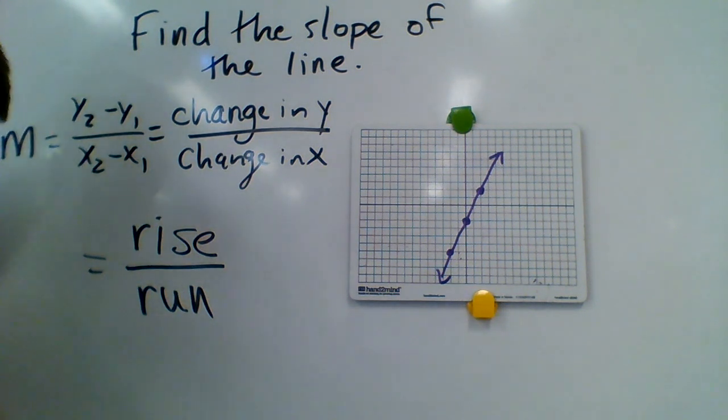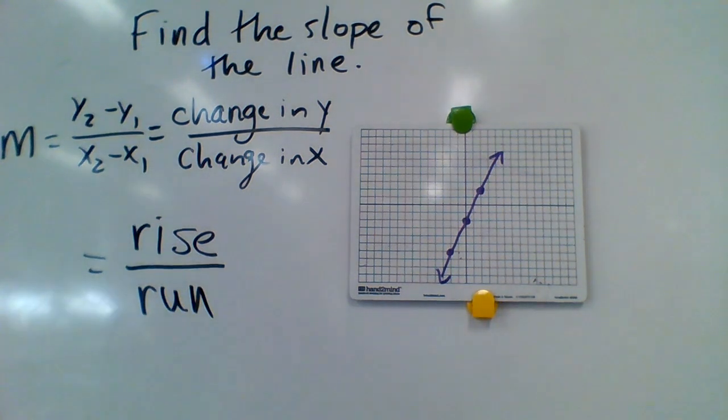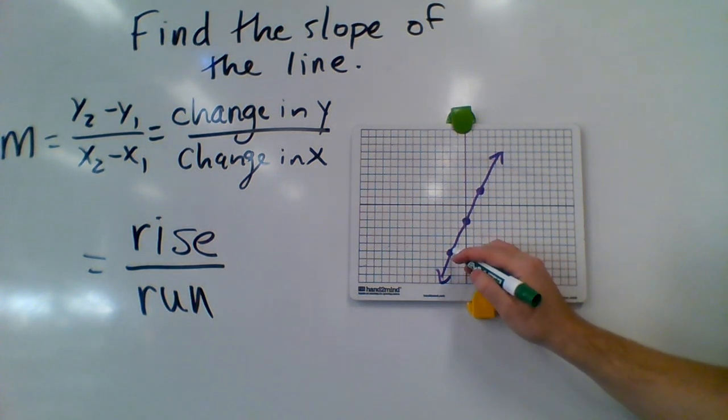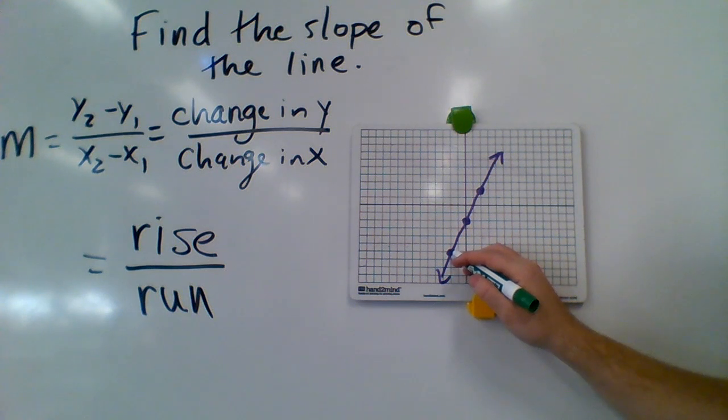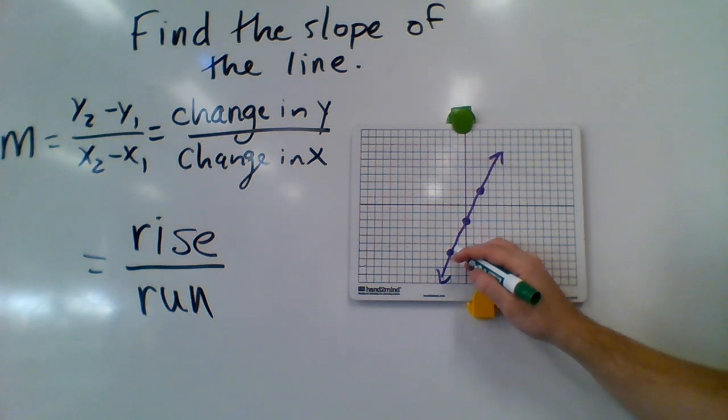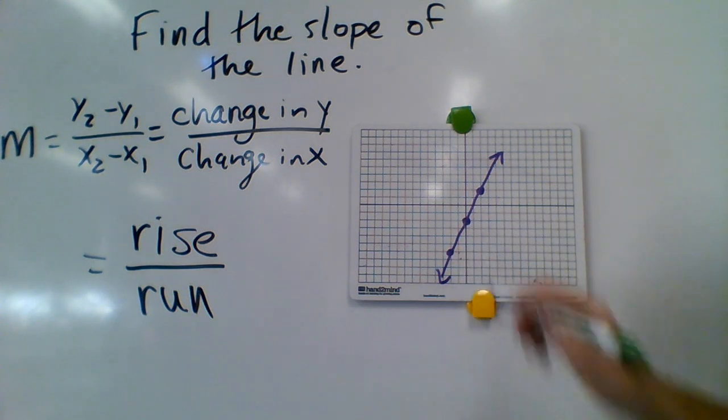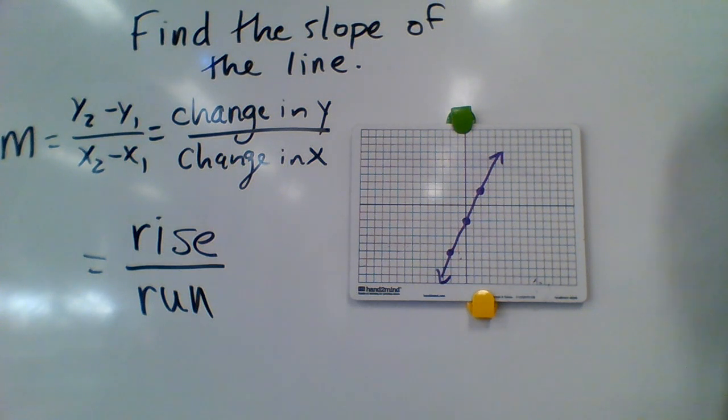So now what I'm going to do is I'm going to look at what that looks like on the graph here. So again, I'm going to pick any 2 points. I'm going to choose this one down at the bottom here, and then I'm going to choose this one right here. We got to choose points where it crosses the grid markers nicely.